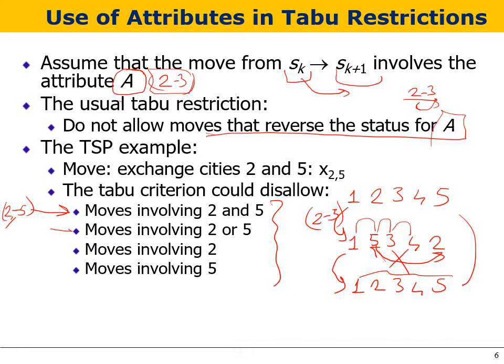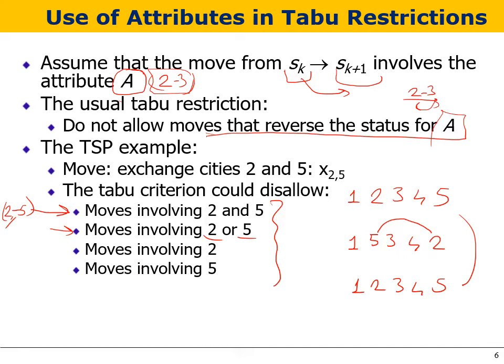And as another alternative for this taboo, I can just forbid the moves involving 2 or 5. So what is the difference from the previous one, this new one? In the previous one, I am just forbidding this move, exchanging these two.